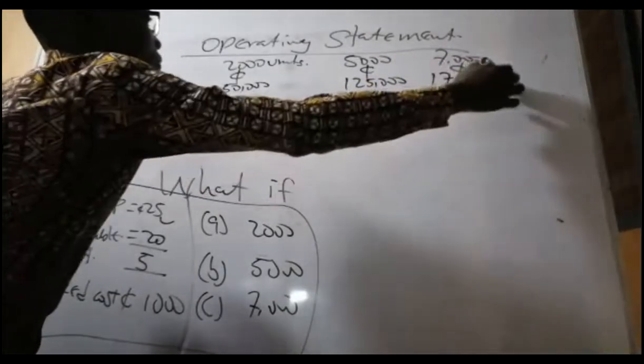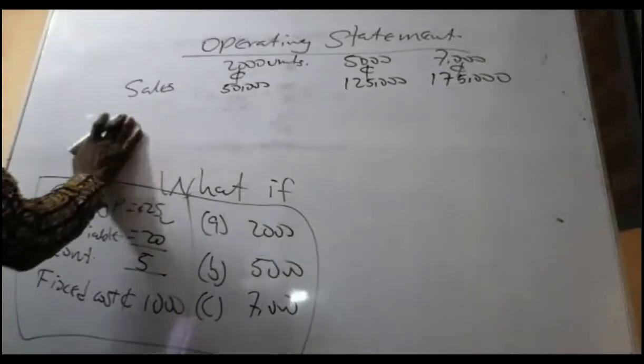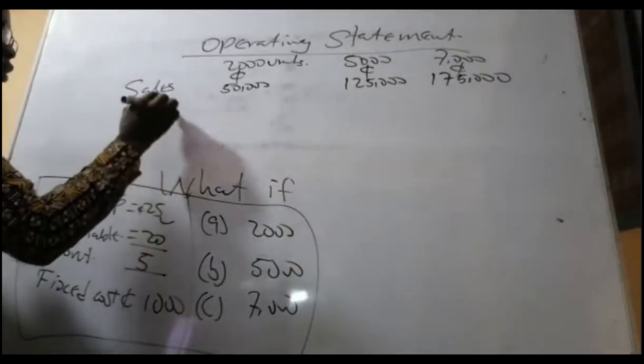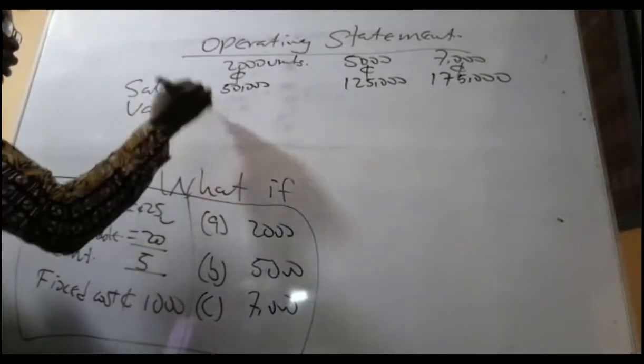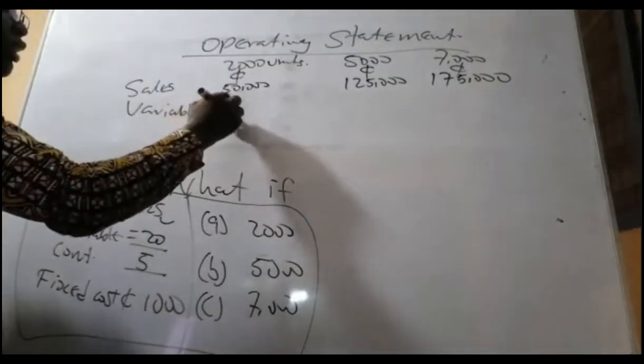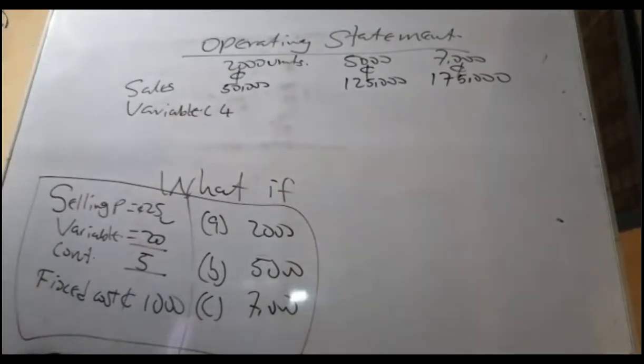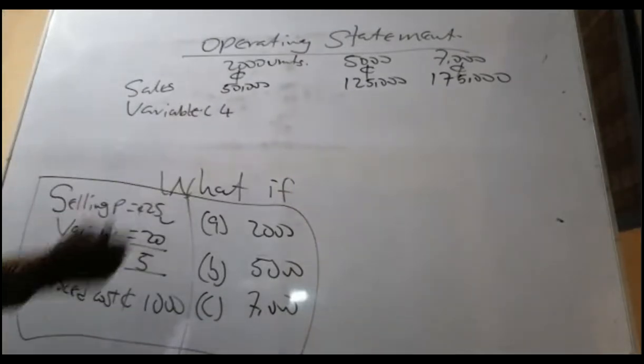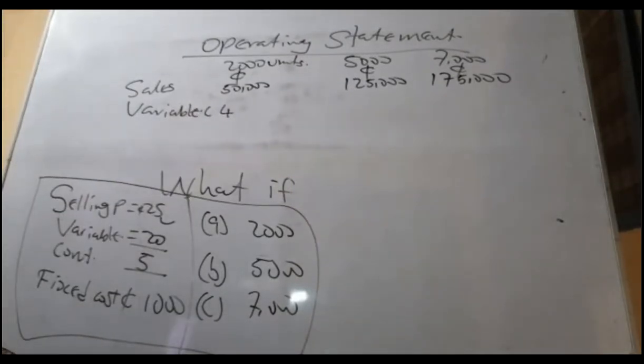175,000. Okay. Now, what will be the variable cost? Variable cost will be 20 by all of this. So this will give us 40,000, right? That's 40,000 then.